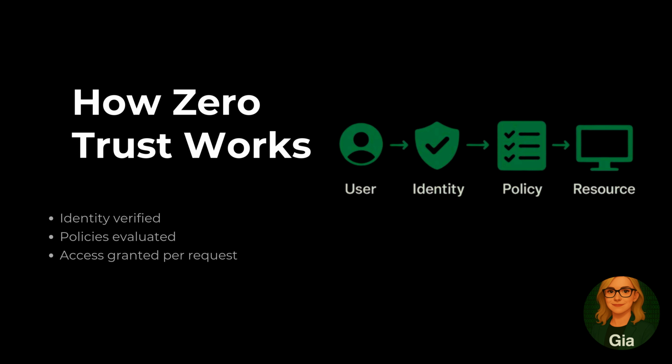These policies consider who the user is, what they're trying to access, the security posture of their device, and the overall risk context. Only then is access granted to the resource, such as an application, API, or data. This process is continuously evaluated, not just at login, but throughout the session.